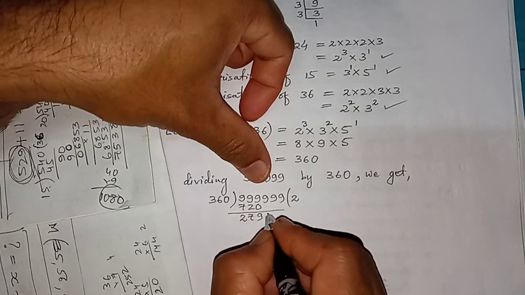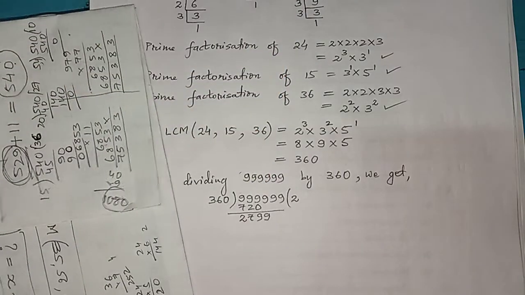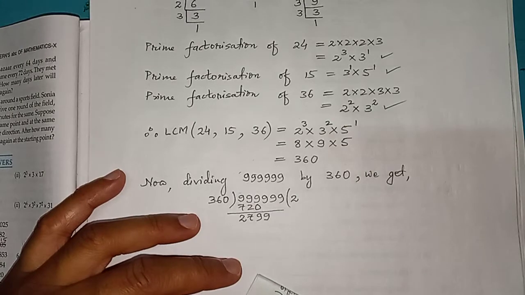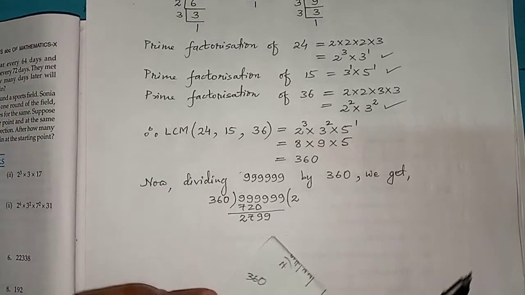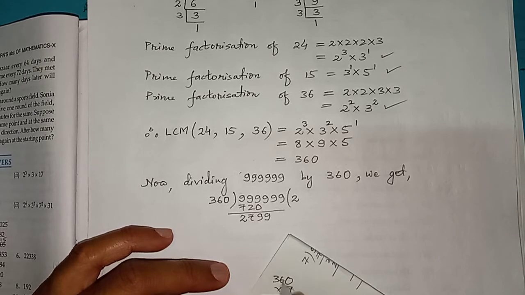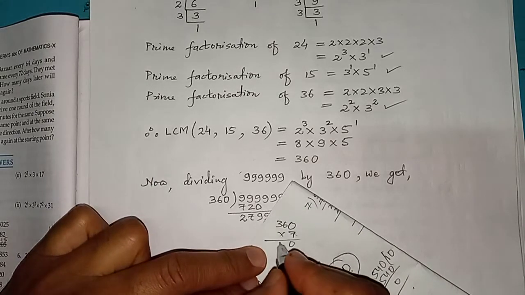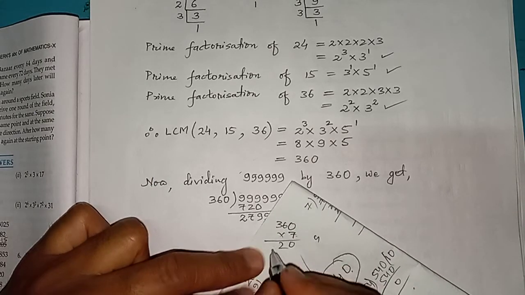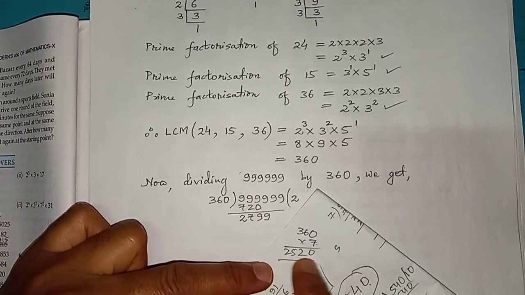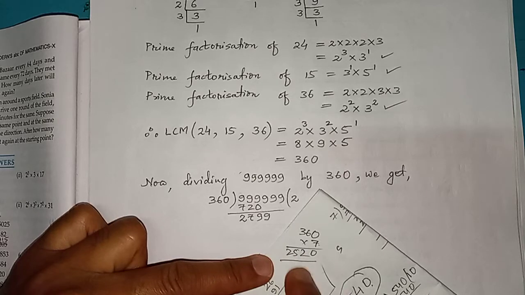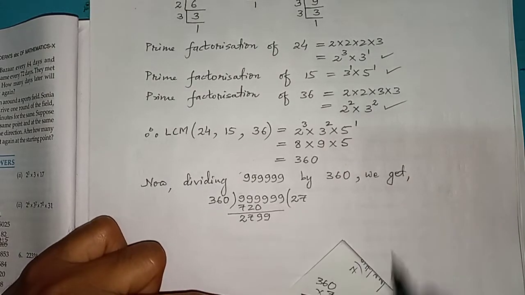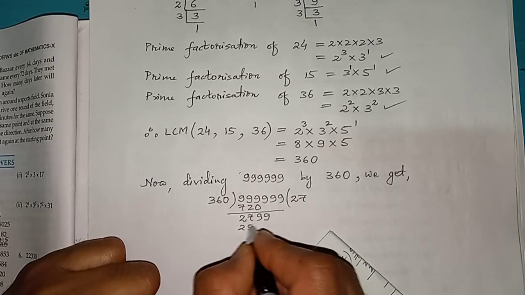Now this 9 is done. Now we'll divide by 360 again. Let's try 7 times: 360 sevens are 2520. If I take more, 8 times, it will be bigger, so 7 times it is.